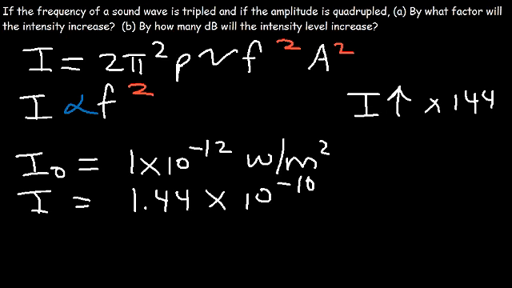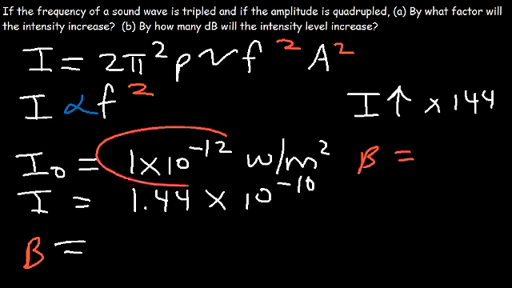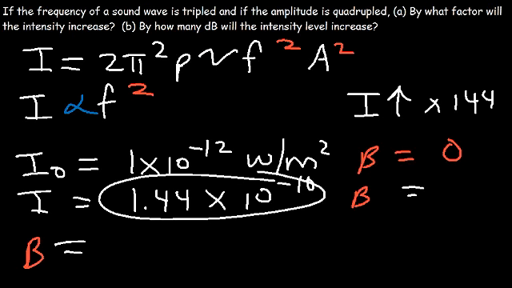And now, let's calculate the sound level at that intensity. Keep in mind, the sound level at the threshold of hearing, at this reference level, is equal to 0. So if we could find the sound level at this new intensity, we could see by how many decibels the intensity level increased.